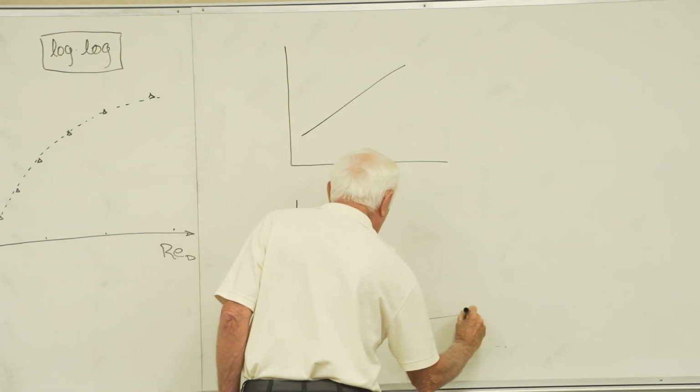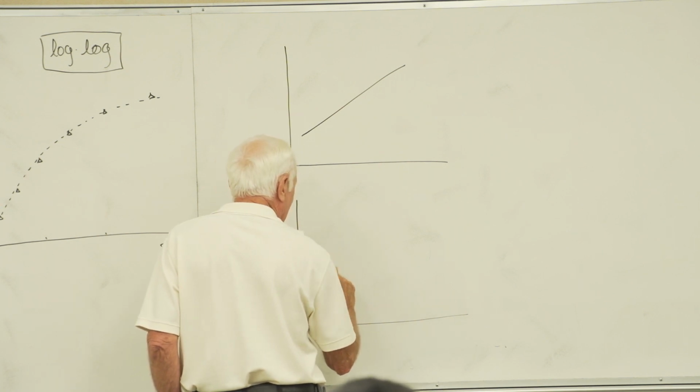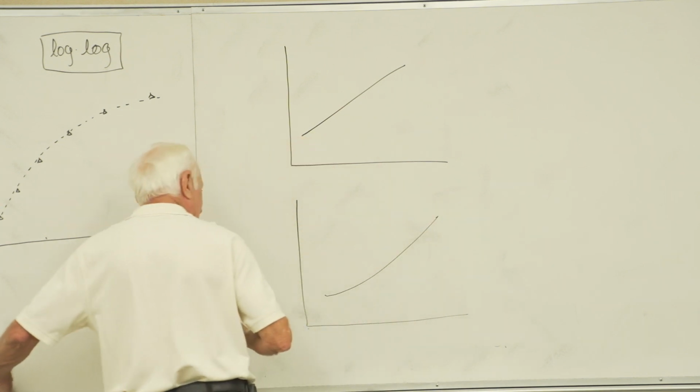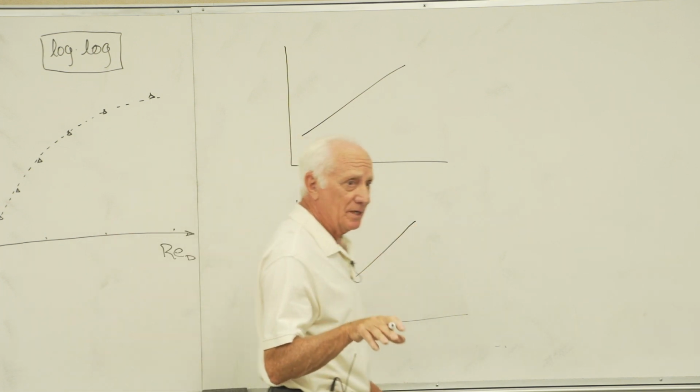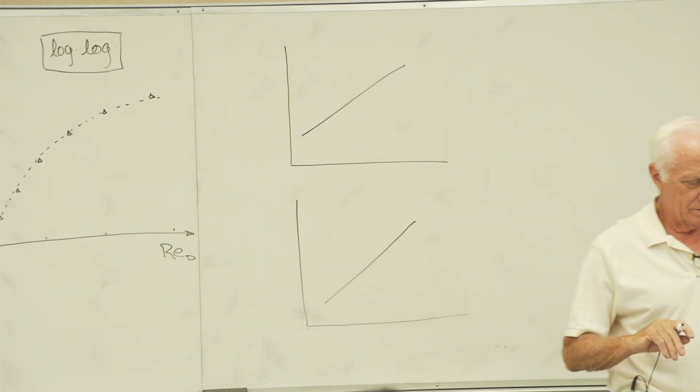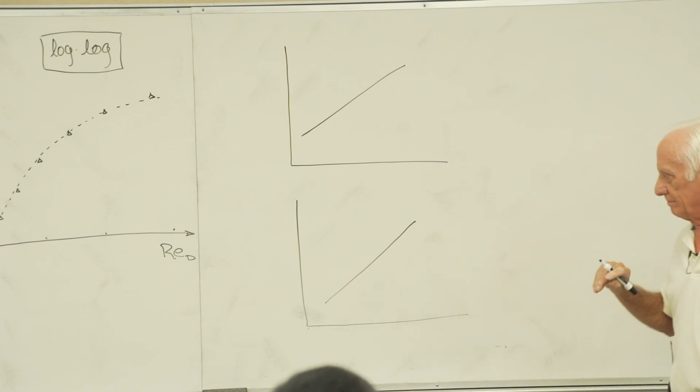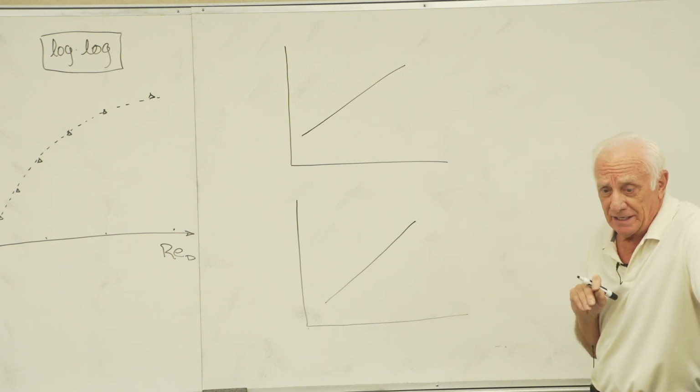If that didn't work, you might try and plot your data on semi-logarithmic paper. If it turns out a straight line, that's exponential variation.